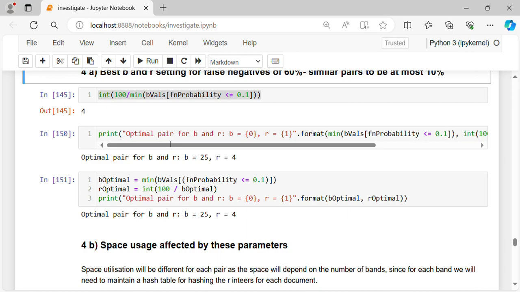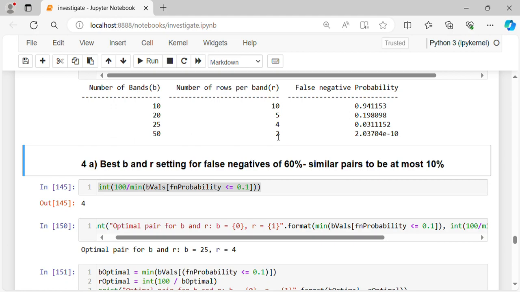So print. What we are printing is optimal pair for B and R, B equal, curly braces, we will put in some values here, R equal, curly braces, we'll put in some values in place of 1, dot format. So the first value 0 will be the minimum of B values where Fn probability is less than or equal to 0.1, and we just found that was 25.